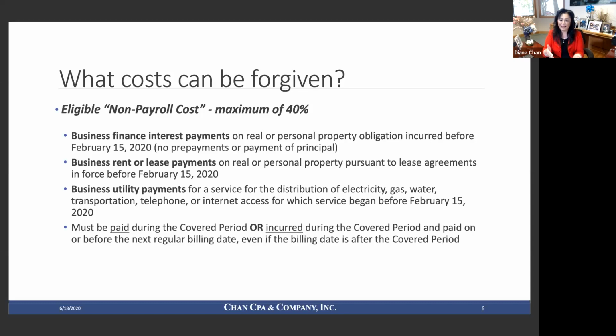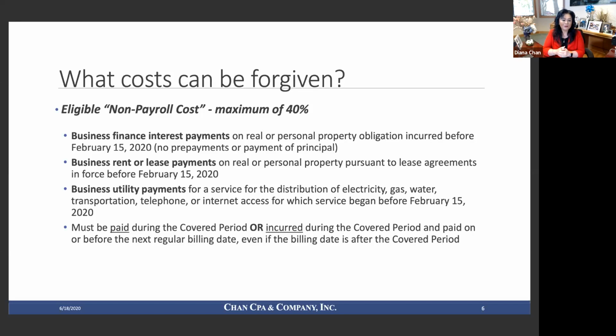An example of that is if you decide to buy a piece of equipment after you received the loan, that business interest amount, or that lease payment, would not qualify, because they really want to make sure that this PPP program qualified for the loss of whatever happened during this pandemic time frame.